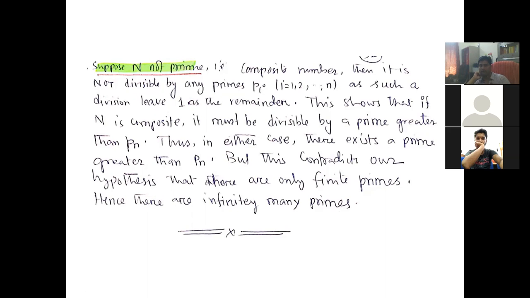So which is a contradiction. So therefore, on the contrary, we supposed that there are finite number of primes, which is wrong. Means there are infinity of primes.